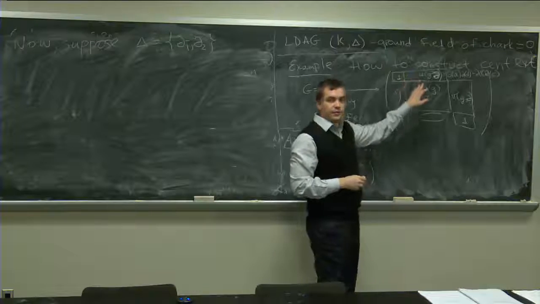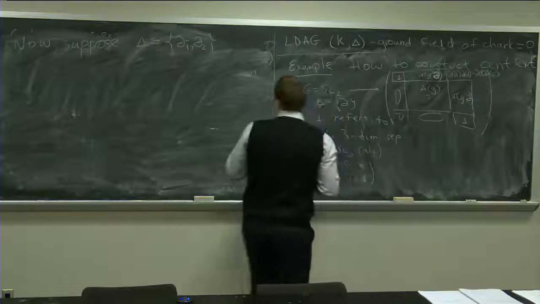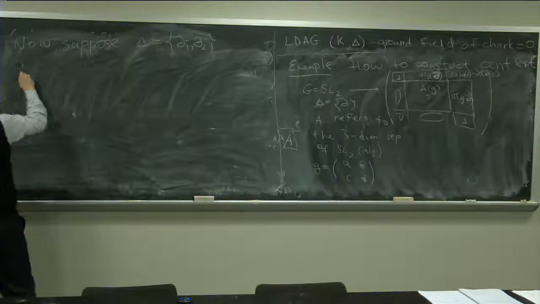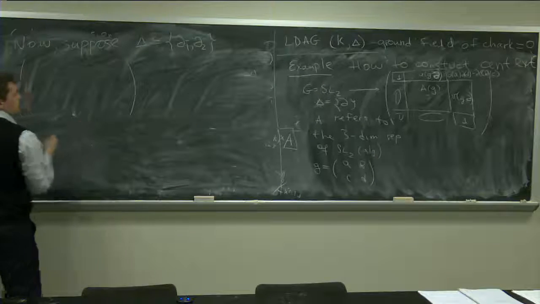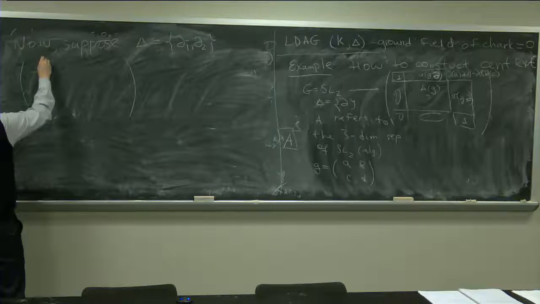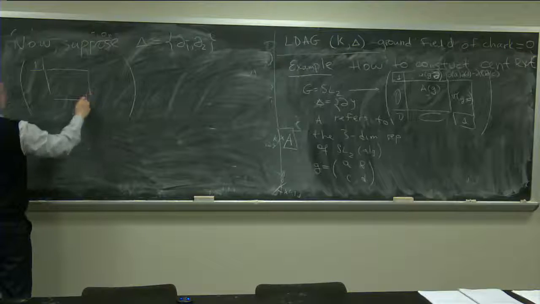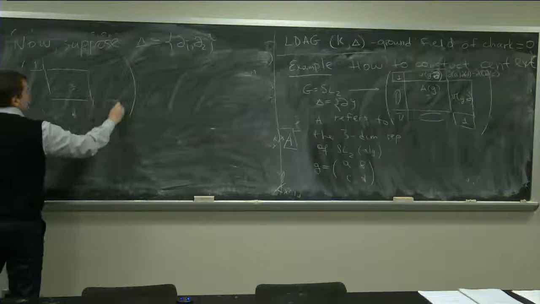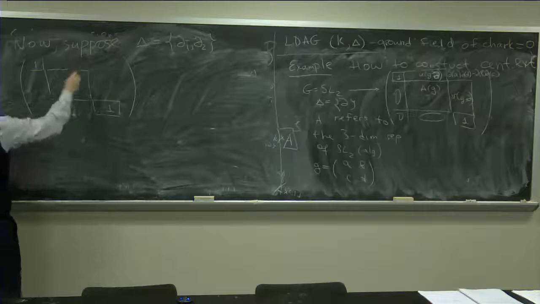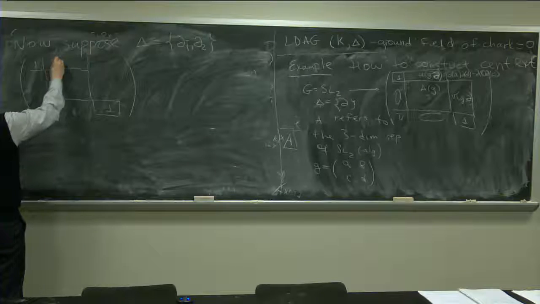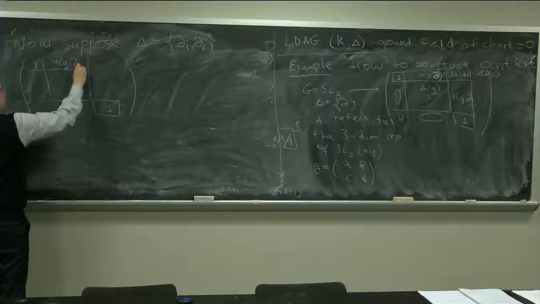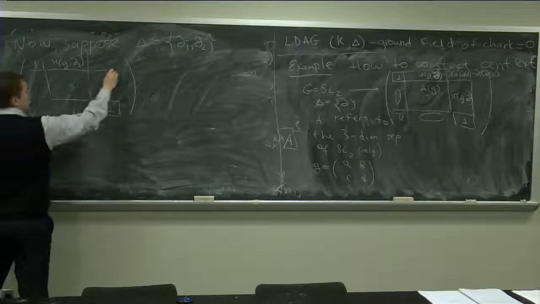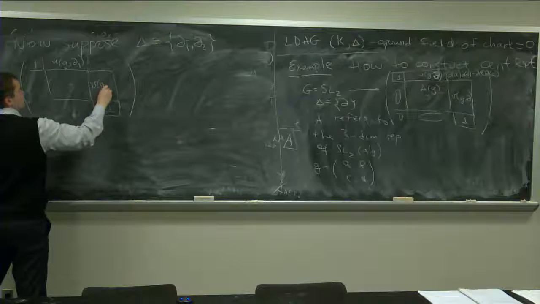I'll update this picture, or maybe better to write it again. Now consider the same diagonal. Consider this vector is mu of g for delta 1, and this vector is v of g for delta 2.